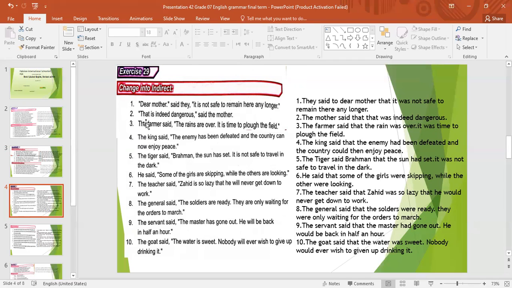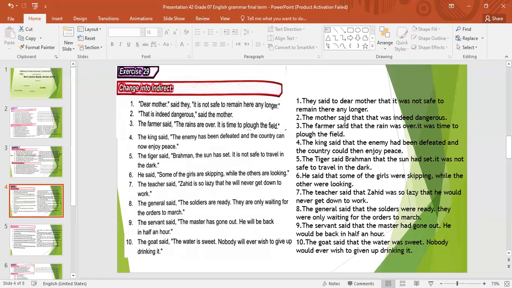Double inverted commas, that is indeed dangerous, then comma, then double inverted commas, said the mother. Dear students, basically the sentence starts from here. The mother said, comma, then this is the direct speech. So we will put it into indirect.